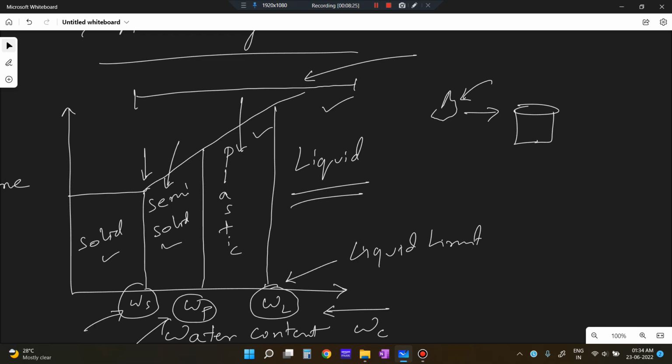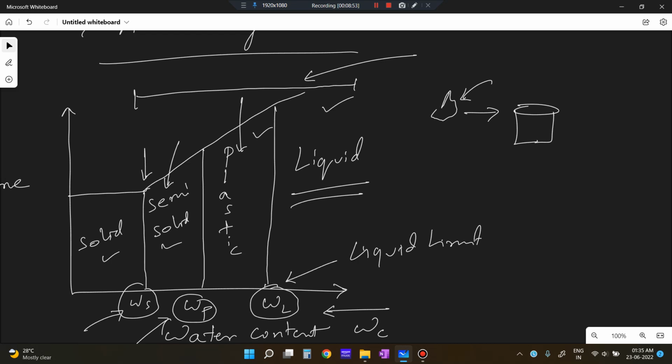Now if you decrease the water content beyond this point, the saturation will start to drop from 100%. That means the soil will start to dry from this point, and there will be no change in volume because water will start being lost from the void spaces.